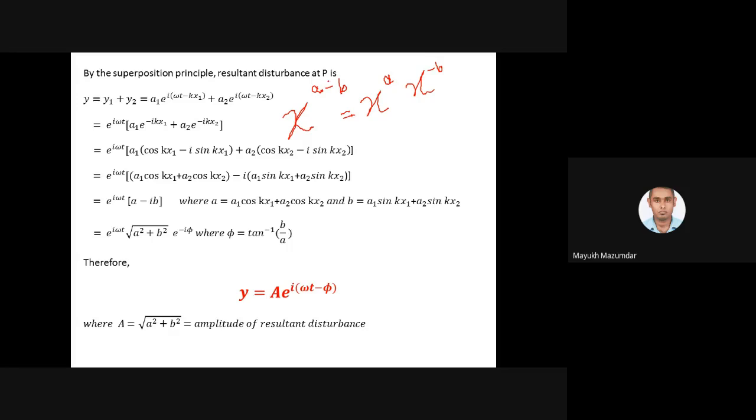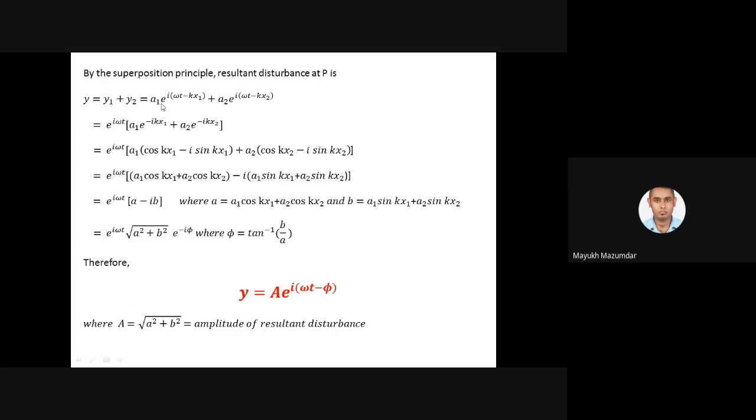Or better, if I write this as plus, it would be more clear, because the same formula can also be written as x to the power a times x to the power b. Okay. You know this formula, everyone? Yes or no? Yes, sir.